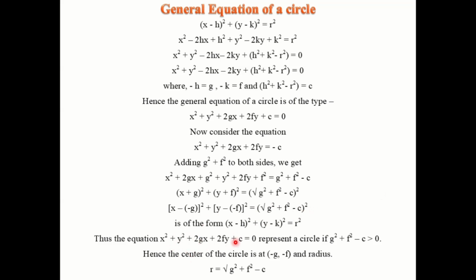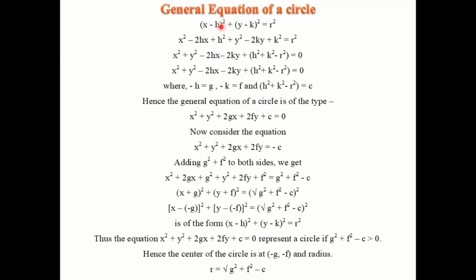Now this equation is in which form? Center radius form. You can see here (x minus h) bracket square plus (y minus k) bracket square is equal to r square. Means the center will be minus g and minus f, and the radius will be square root of g square plus f square minus c. This is the general equation of circle.